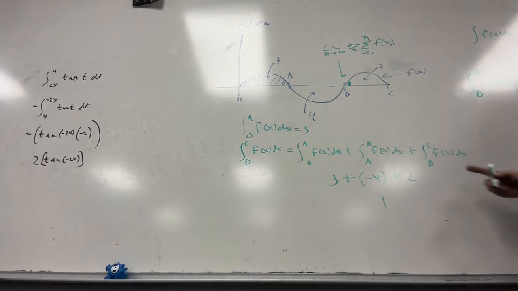And what did we say earlier that a to b was? It was negative 4, right? So it would be the negative of negative 4, which would be 4.